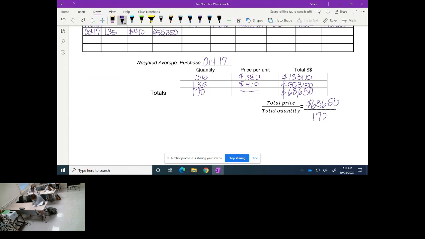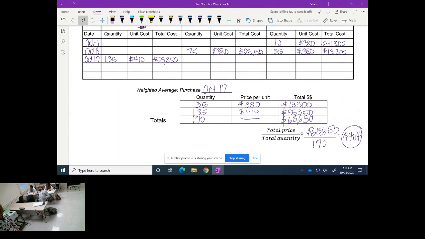Do you round to the nearest dollar? Yeah, we can. 404. So this is our new per unit cost. At this point, we have 170 units at 404, total $68,650. It's a little trouble to calculate the unit cost, but then when you go to sell something, there's no question.